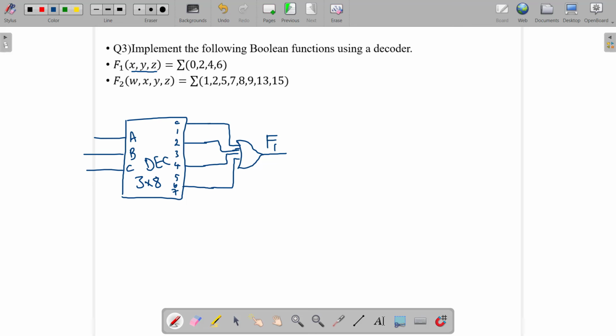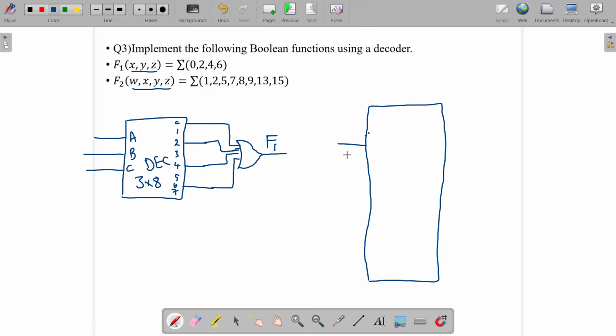Similarly, for the F2, we have 4 variables. It means that our input will be 4. So when our input is 4, it means that we will have a 4/16 decoder.